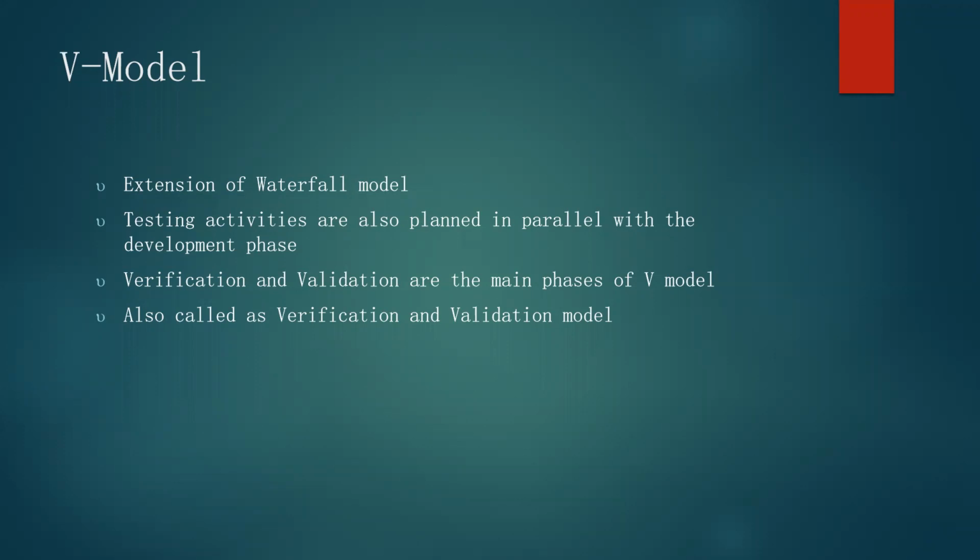But here we are going to have parallel planning of testing and development activities. So this is an extension of the waterfall model. Testing activities are also planned in parallel with the development. Verification and validation are the main phases of the V model. These two are very important phases, and this is also called the verification model.